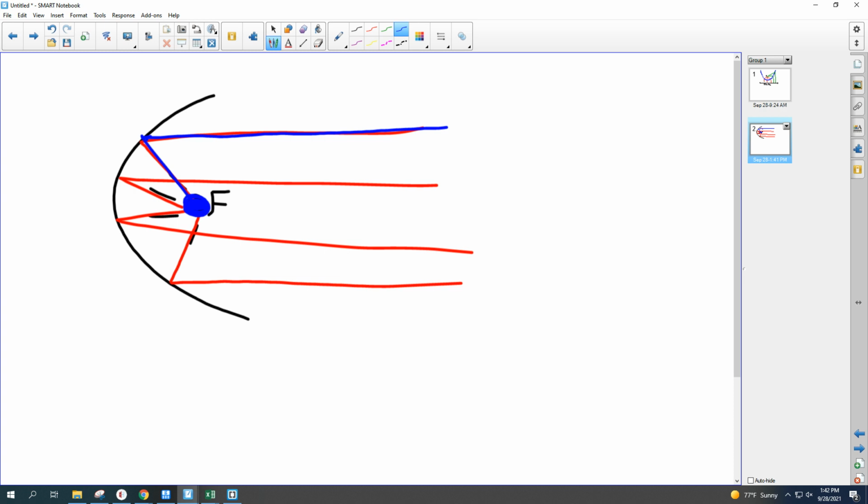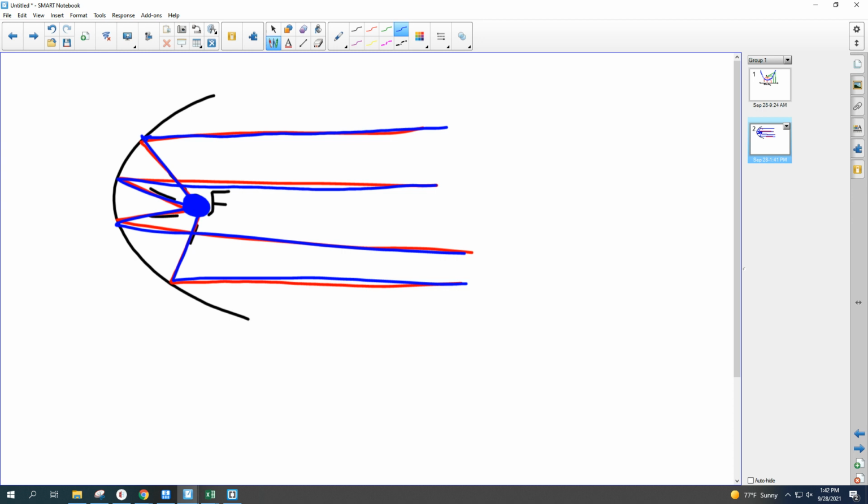All these beams hit the parabola and reflect, focusing all of the data, all of the energy, into this point right here, and then it travels into your TV or whatever.